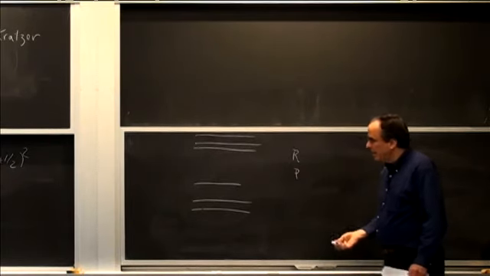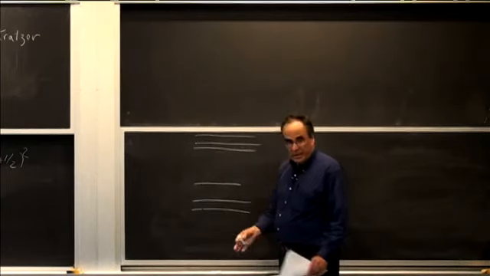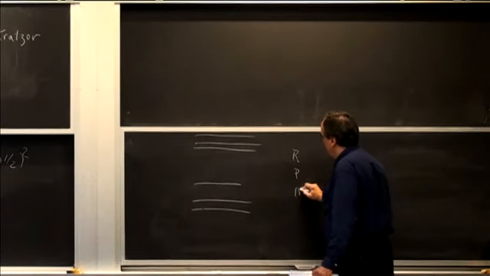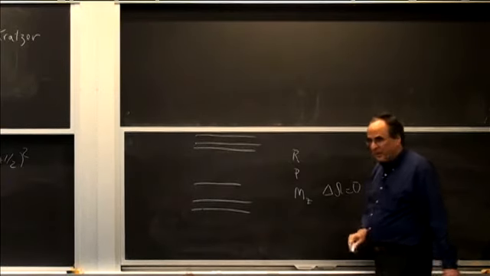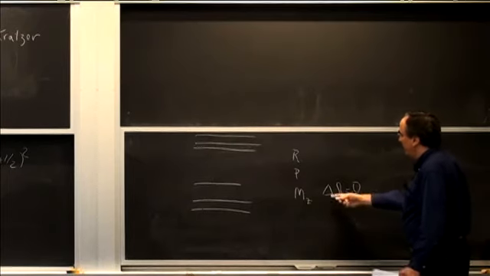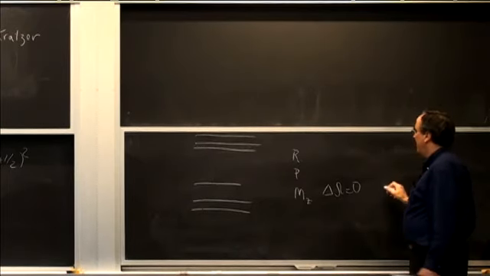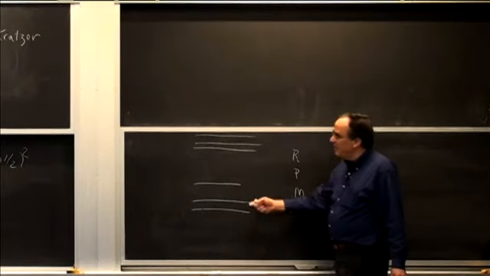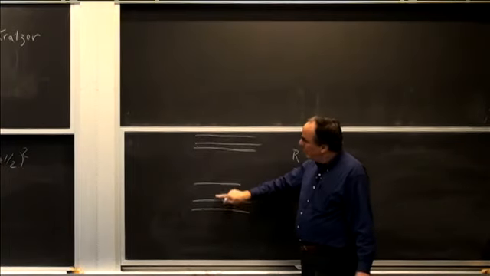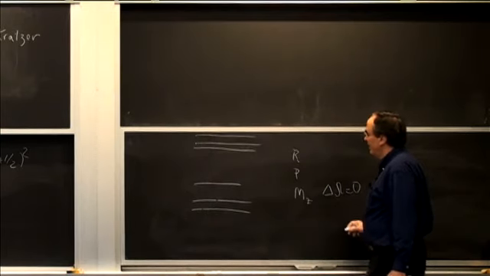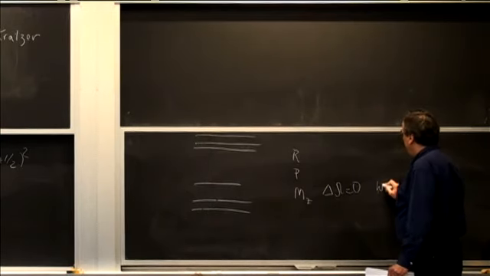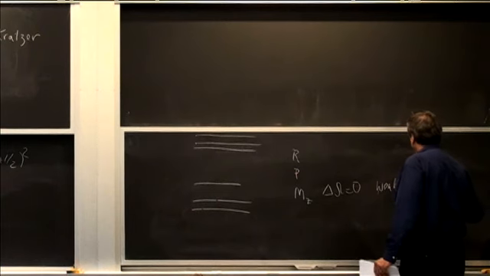For a diatomic molecule, the transition moment is in the Z direction, and so delta omega has to be equal to 0. And when delta omega is 0, there are no Q branches. Well, actually, we could have very weak Q branches.